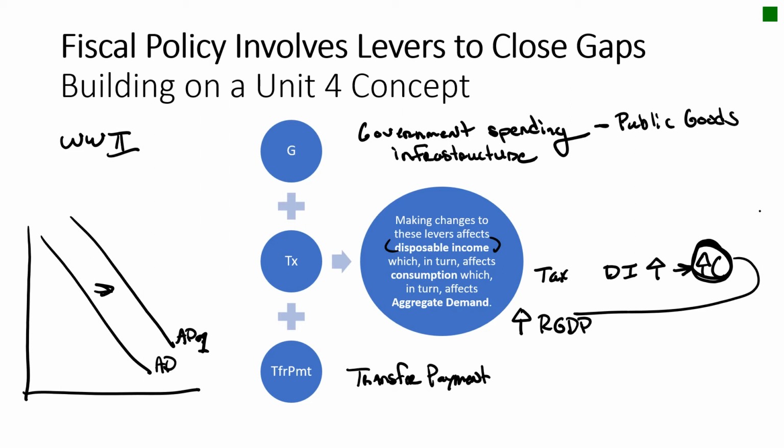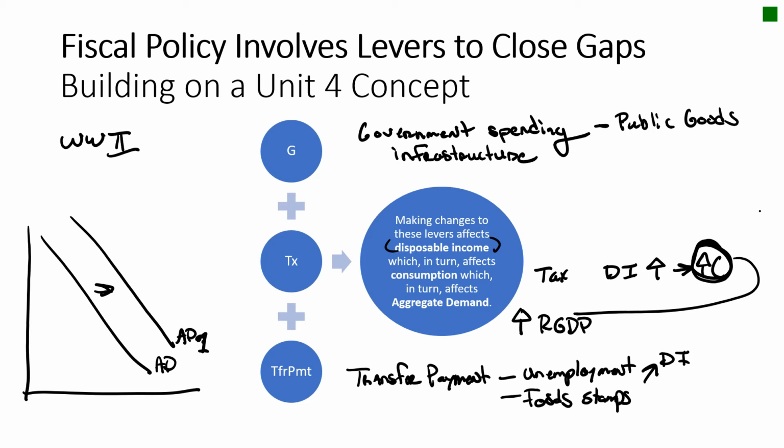But in this case, we need to talk about these because if we increase our transfer payments, so our unemployment, our food stamps, and all of those tools that we've talked about before, it's targeting the same component, right? It's still targeting your disposable income.